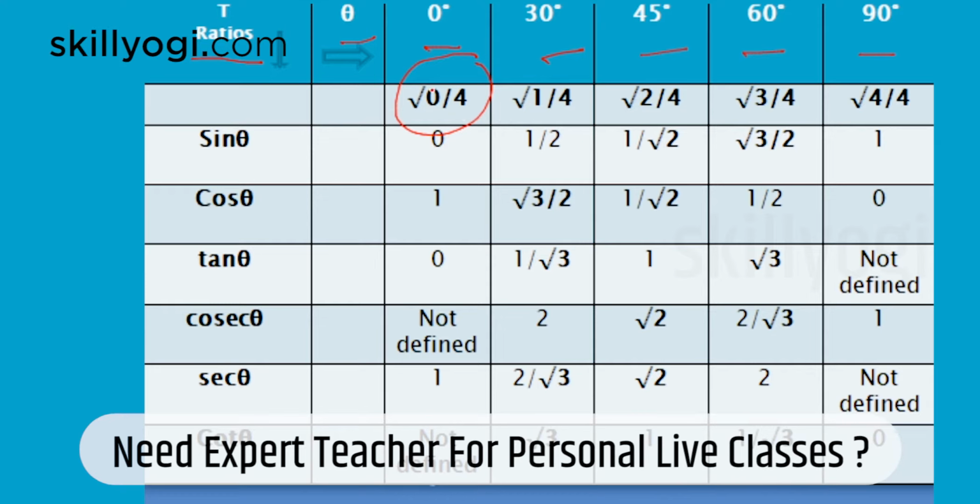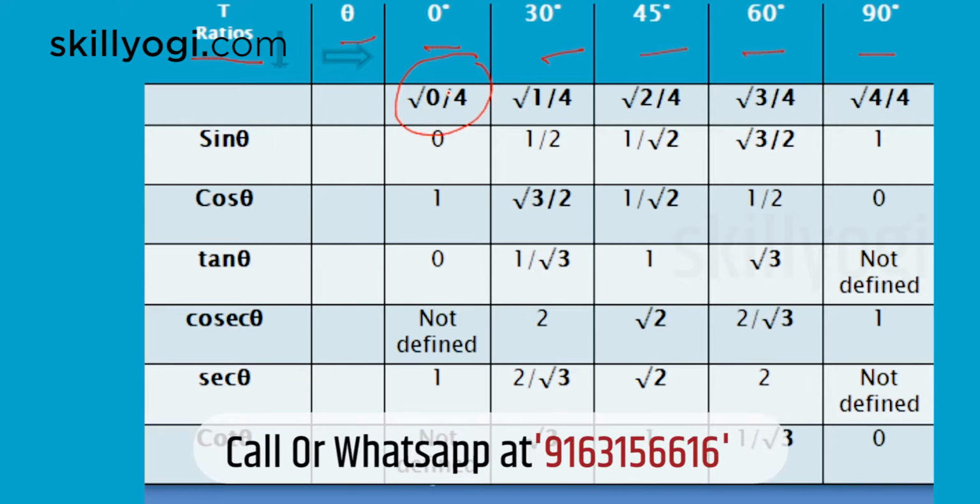Now this is the trick to calculate all the values of sine theta, cos theta, tan theta, cosec theta and all. What we will do, we will take 0/4, 1/4, 2/4, 3/4, 4/4. Okay.